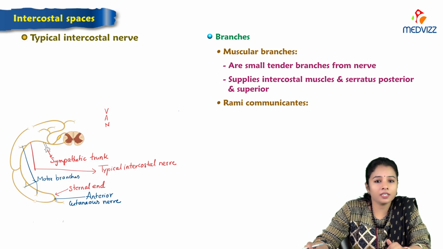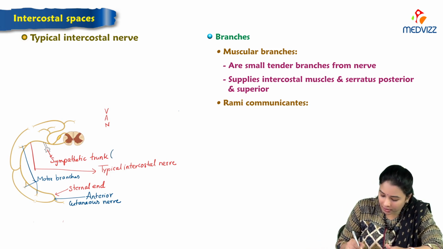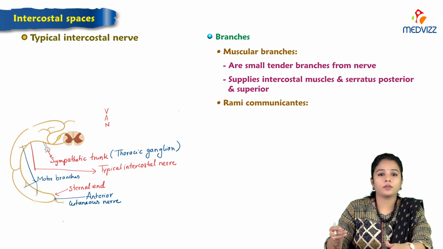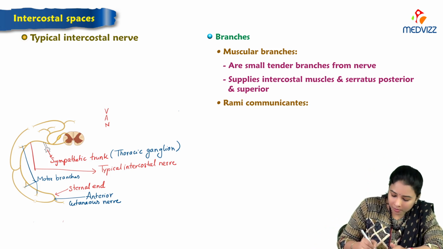Each nerve communicates with the corresponding thoracic ganglion, that is the corresponding thoracic sympathetic ganglion, by rami communicantes.